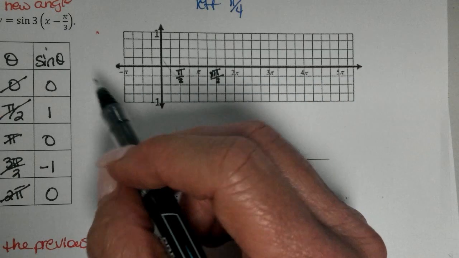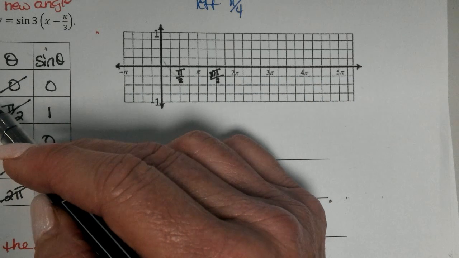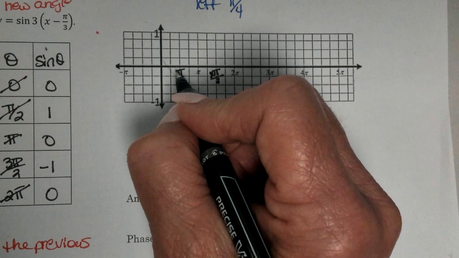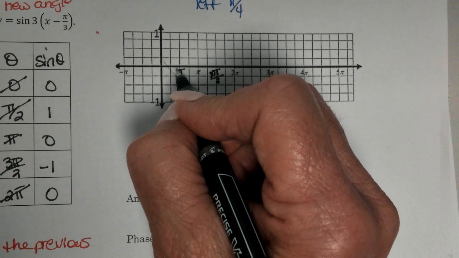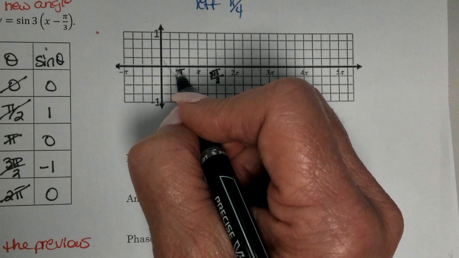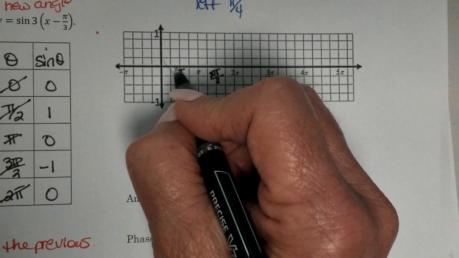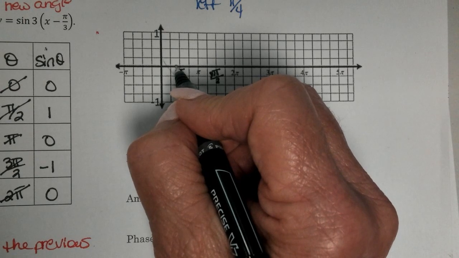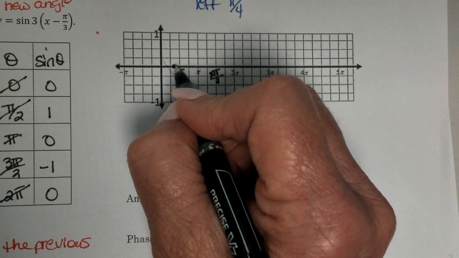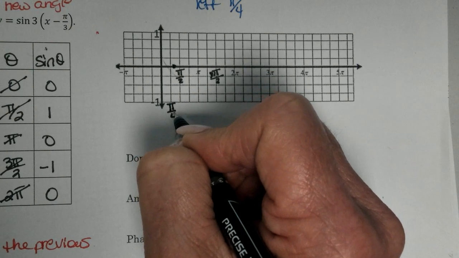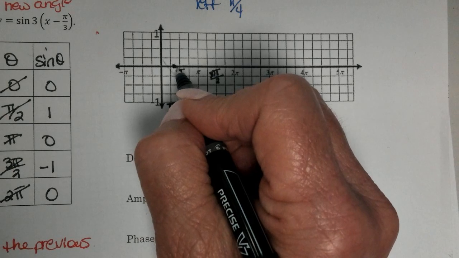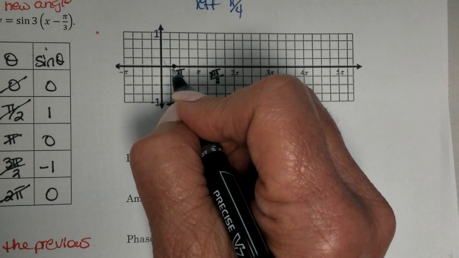So we're going to start with pi over 3 and 0. Pi over 3 is 30 degrees from pi over 2, so it's going to be closer right here to pi over 4, which is 45 degrees, right? 60 degrees would be closer to it.